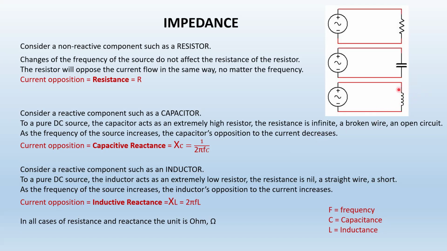Okay? So, to DC, a capacitor acts as an open circuit. And to pure DC, a coil or inductor acts as a straight piece of wire, just like a short.